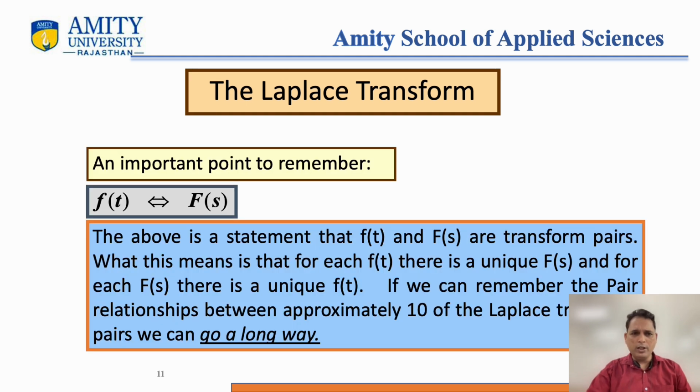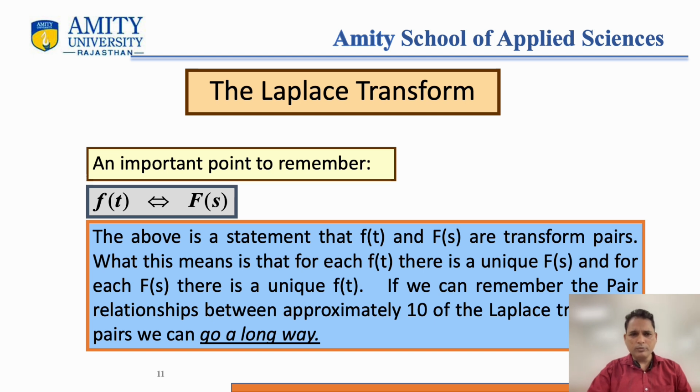Now, furthermore, an important point to remember: f(t) is converted to F(s), and then F(s) can be mapped back into f(t). The above statement means that f(t) and F(s) are transformation pairs.